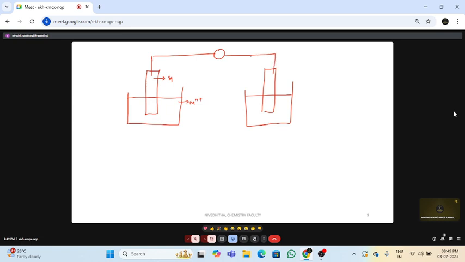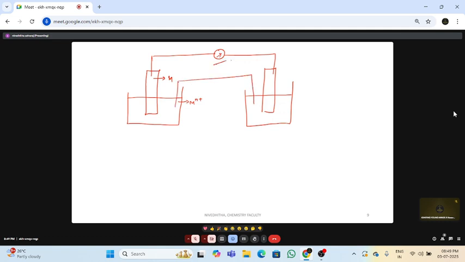now this is my unknown metal, and I have to measure the electrode potential of this metal. I have this metal dipped in an electrolytic solution, which contains M ions. Now, as I told you, we cannot measure the electrode potential as such, so I have to convert this electrode into a cell. So I have another electrode, again dipped inside its own electrolytic solution, and I'm going to connect these two electrodes using a connecting wire through a voltmeter.